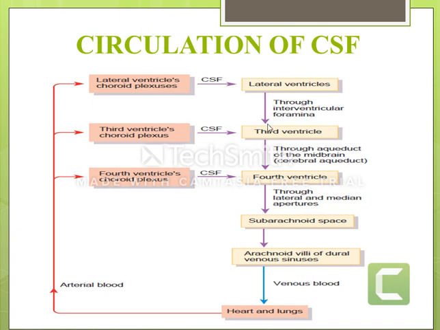From the lateral ventricles to the third ventricle through the interventricular foramina, then from the third ventricle to the fourth ventricle through the aqueduct of the midbrain, then from the fourth ventricle to the subarachnoid space through the lateral and median apertures, and from the subarachnoid space to the arachnoid villi. Then it comes into the venous blood, heart and lung, and again the fourth ventricle, third ventricle and lateral ventricle. And this is the circulation of the cerebrospinal fluid.